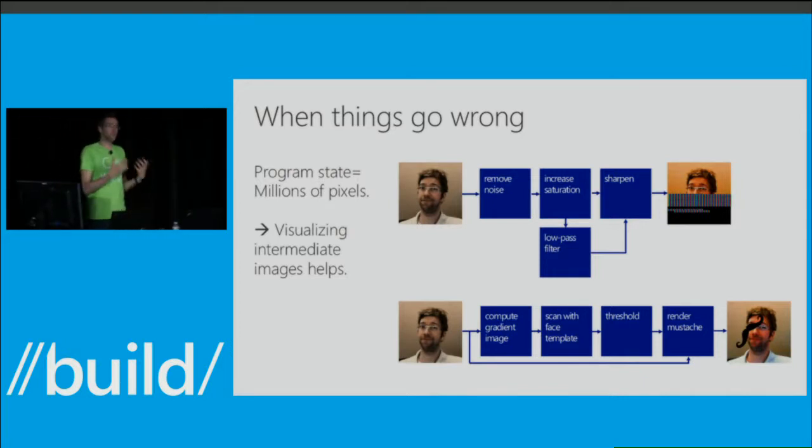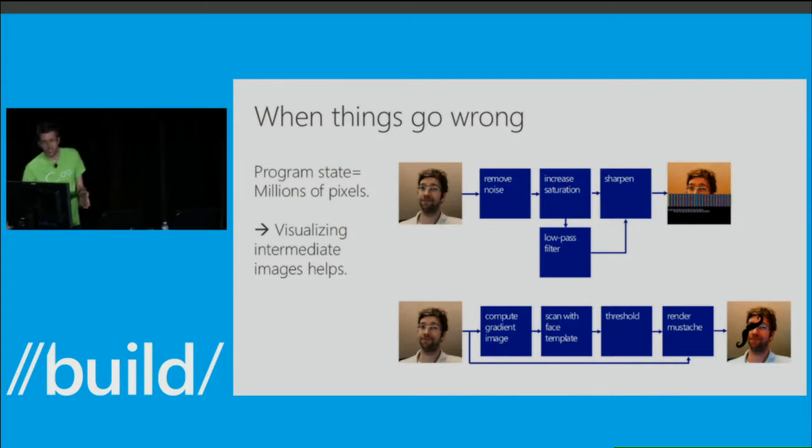And after each operation, validate the state of your program. Now, the thing is, with image processing, your program state, that's your pixels, and there's millions of them. So there's really no good way to do this unless you visualize these intermediate images. Right? So you want to look at the denoised image here, and then you want to look at the saturated image here, and so on.